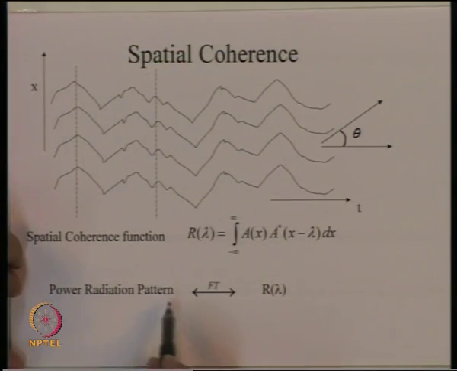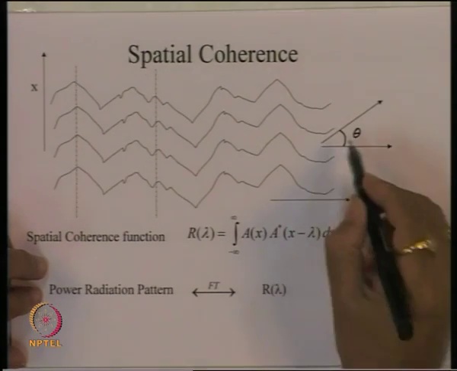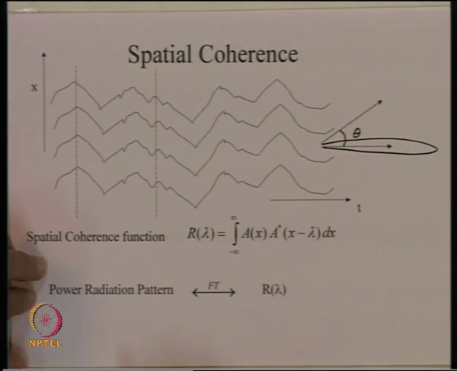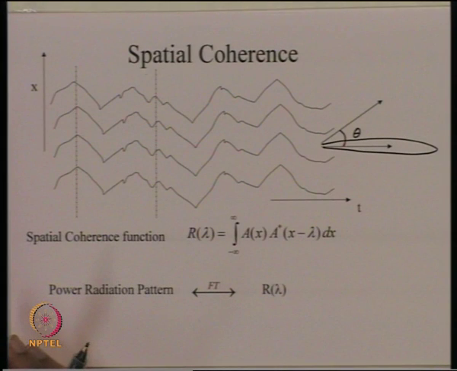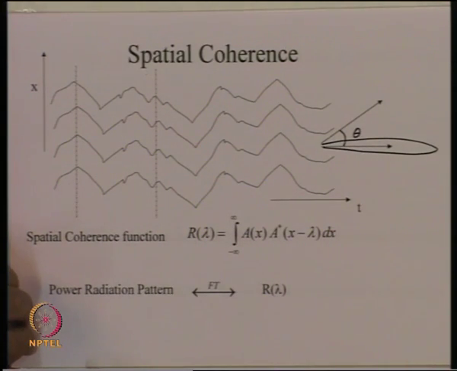So, from the efficiency point of view, essentially we are needing a highly directional radiation pattern. We are looking for a pattern which will look like that, and if that happens, then the efficiency of light generation will be high. And since the width of this is related to the spatial coherency, smaller will be this width if the spatially coherent radiation is there.